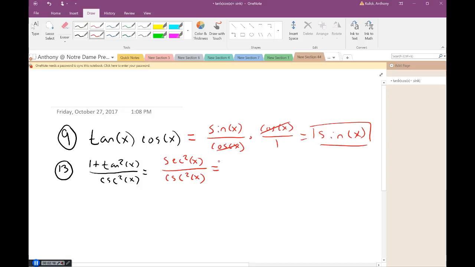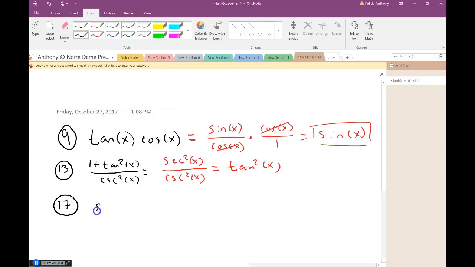I noticed that secant over cosecant was the same as tangent. So secant squared over cosecant squared is the same as tangent squared. So skip 15, go to 17.